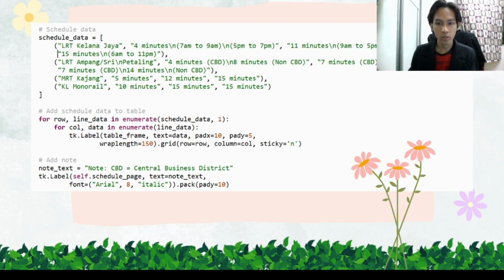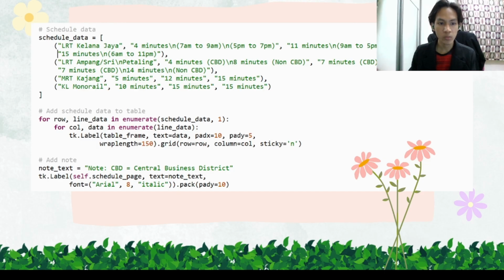And then lastly we have the note. If we look at the strings inside, we note CBD, which is equal to Central Business District, and so on. This will add a small note at the bottom of the schedule for clarity.